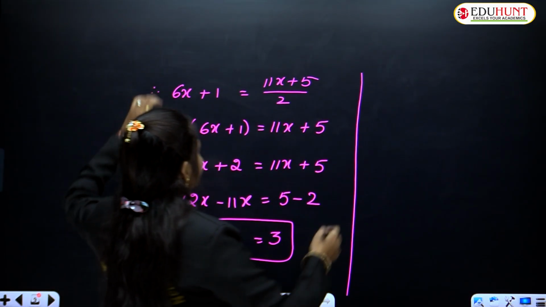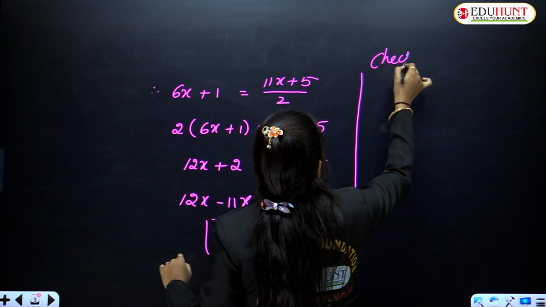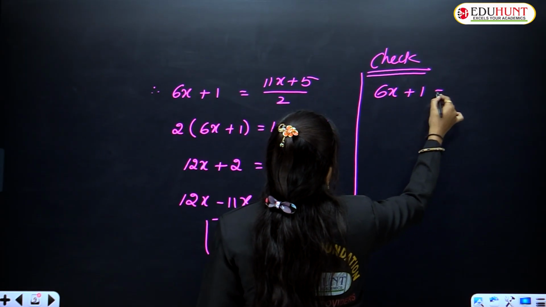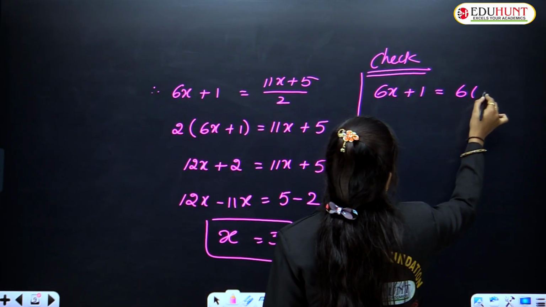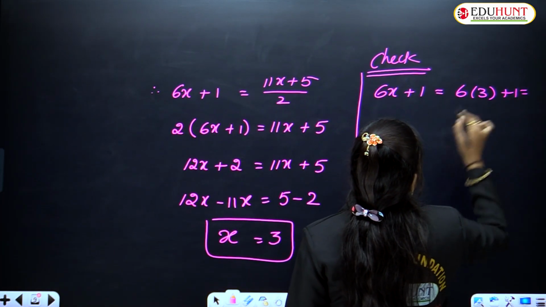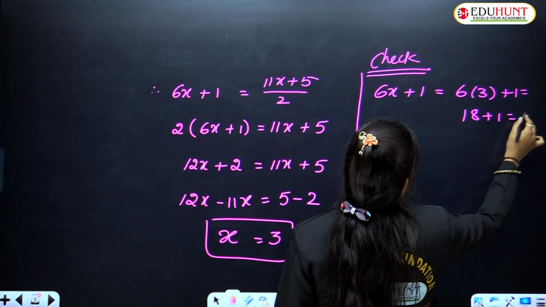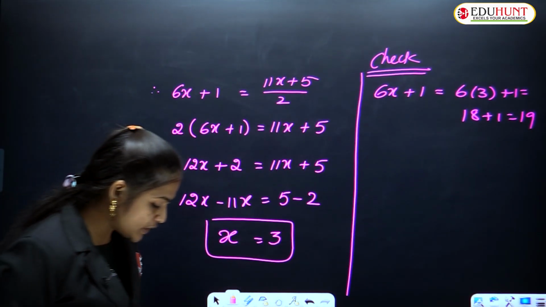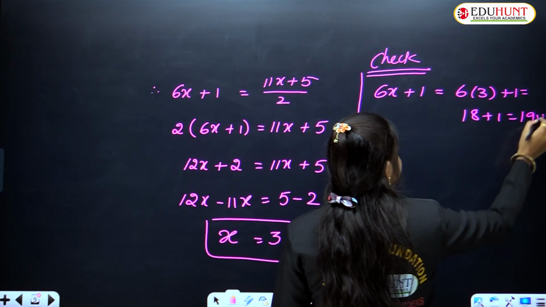Just see, if you check the LHS, 6x plus 1 equals 6 into 3 plus 1, which is 18 plus 1, equal to 19. So one side is 19 units.